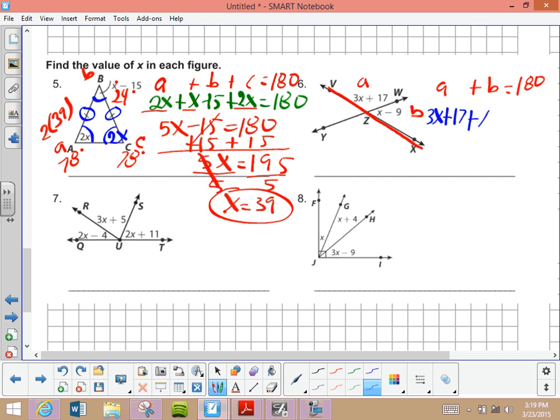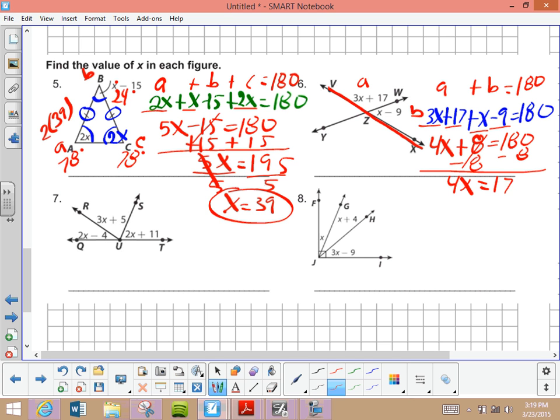What is B? Equals 180. Now let's combine the variables. We get 4x, and then 17 minus 9 equals 8. Yeah, it's 8. And then equals 180. Then you subtract 8 from both sides. 4x equals 172. Divide by 4. x equals 24.